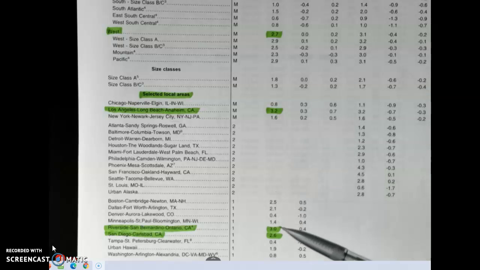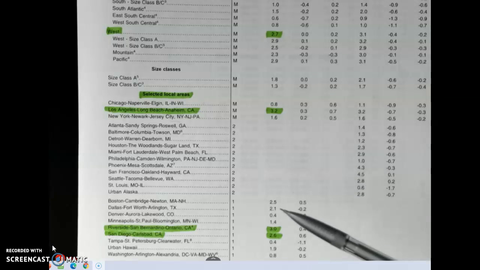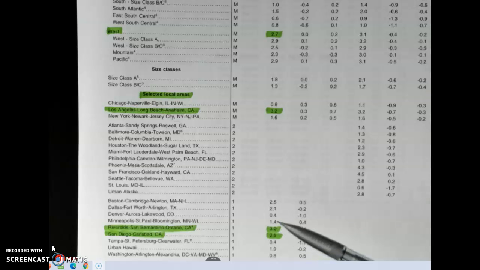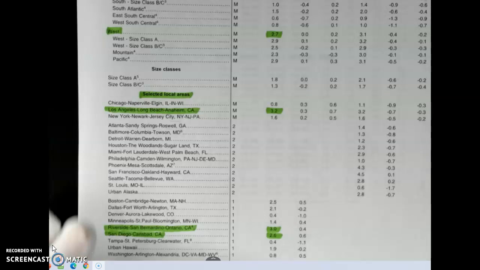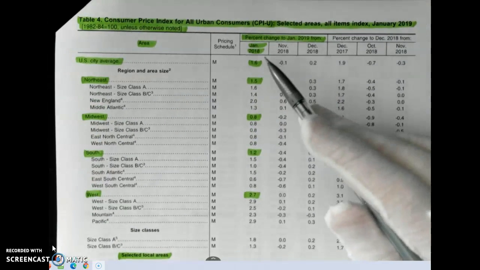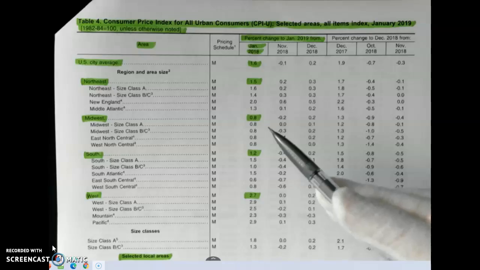Down here in Riverside, San Bernardino, Ontario, 3%. Then San Diego, Carlsbad, 2.6%. Then you look at some of the lower ones, and we don't have information for these, but you'll notice down here, it looks like 0.4. So Denver, Aurora, Lakewood, Colorado, 0.4%. Again, that is for January 2018 from the prior year.